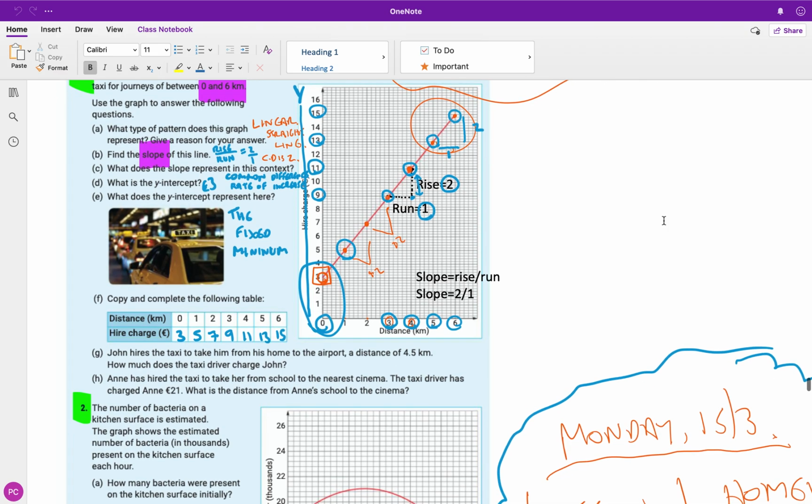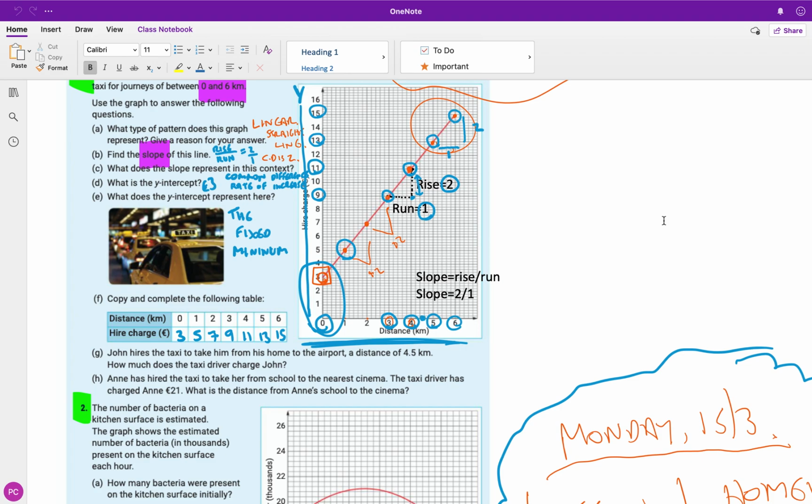Part G, John hires the taxi to take him from his home to the airport, a distance of 4.5 kilometers. How much would the taxi charge John? So we're thinking, right, 4.5 kilometers. So I go to my graph and I see, well, where along here is 4.5 kilometers? It's right here between 4 and 5, isn't it? See the dot going in there.